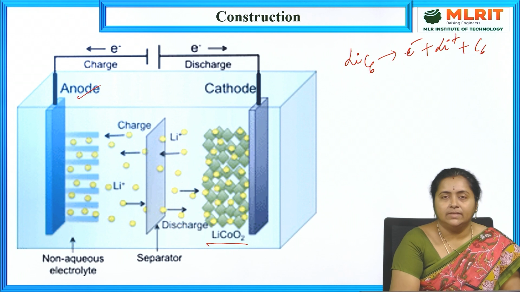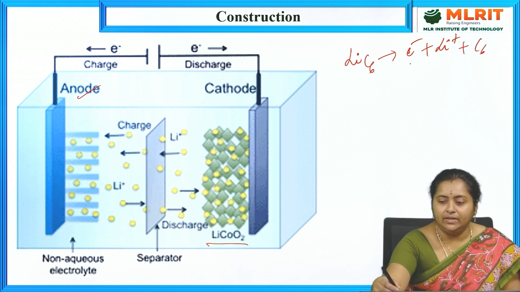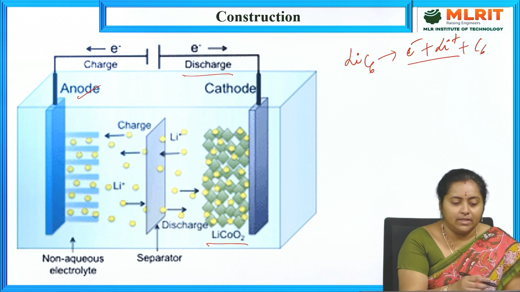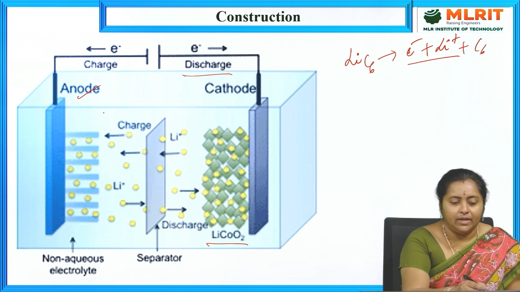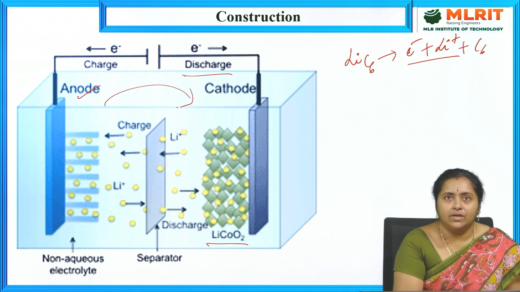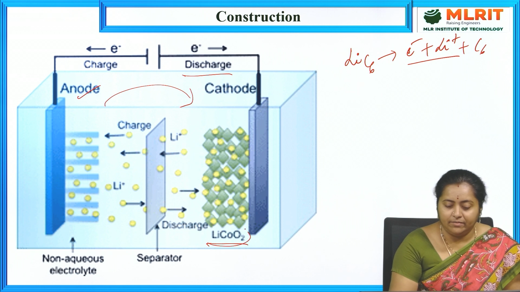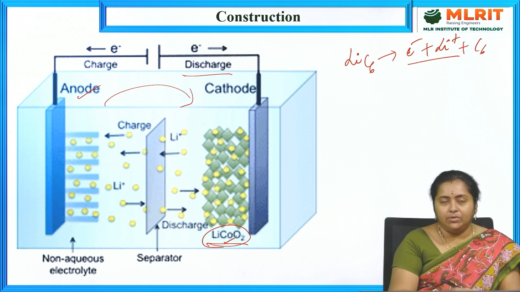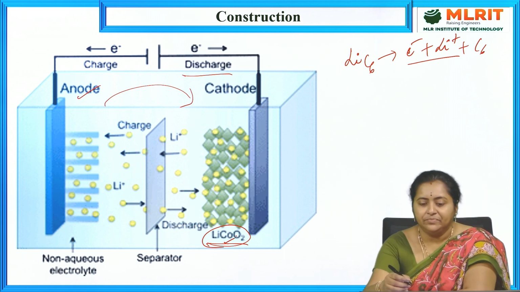So these lithium ions along with the electrons, during discharging process, will flow from anode to cathode. After reaching cathode, there we have lithium cobalt oxide. So in this, cobalt is able to gain the electron, that means it involves in reduction.